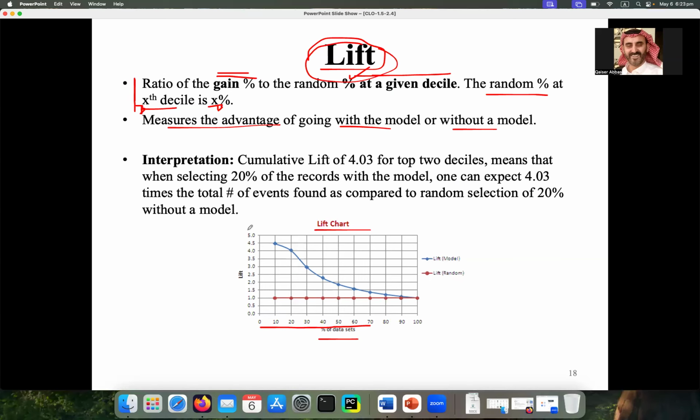It can go beyond 5, okay? These are not fixed values. Lift will have some positive value, starting from 0 up to any limit. But it would be something like that.